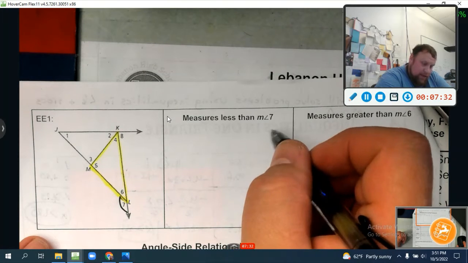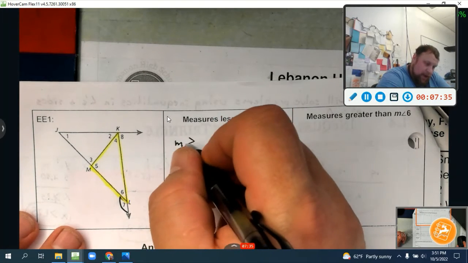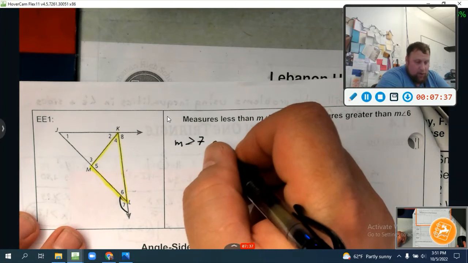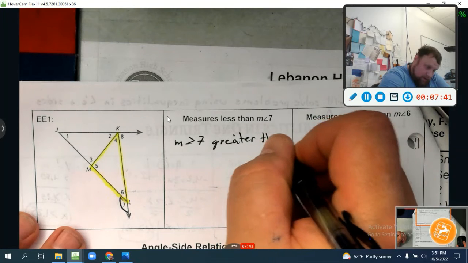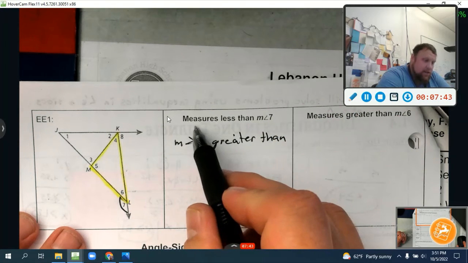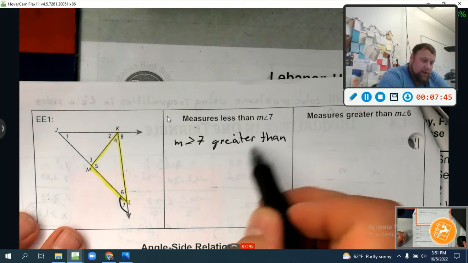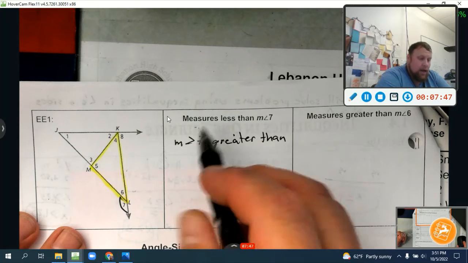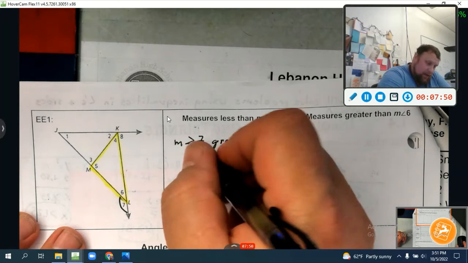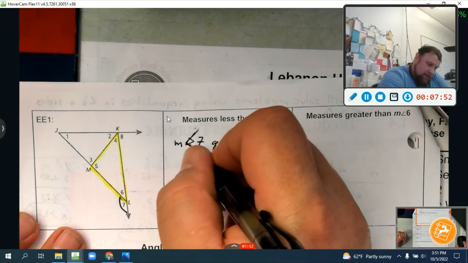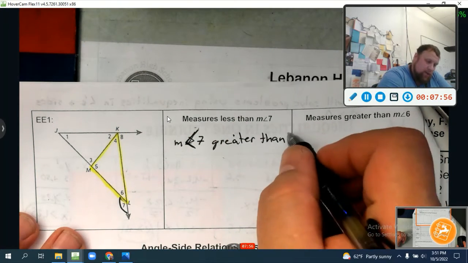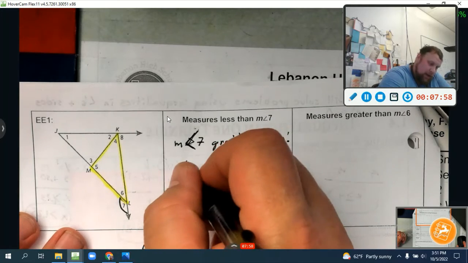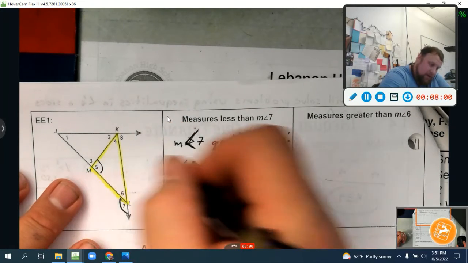In other words, the measure of angle 7 is greater than, because this is looking for measures less than the measure of angle 7. The measure of angle 7 is greater than what angles? Well, it's greater than angle 5, right here. It's greater than angle 4.